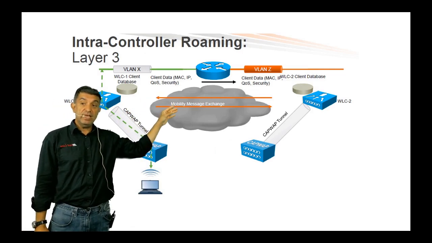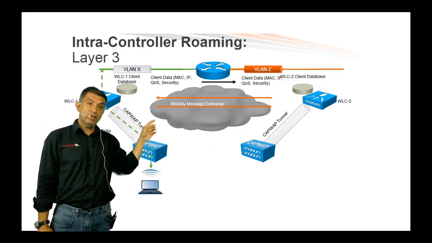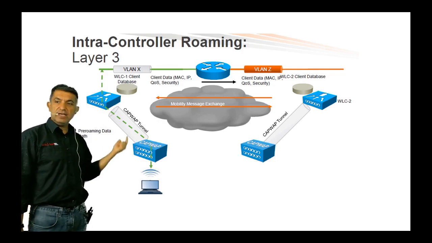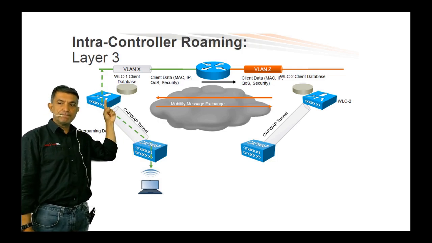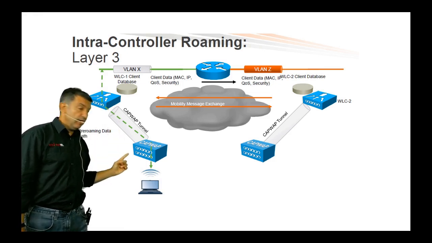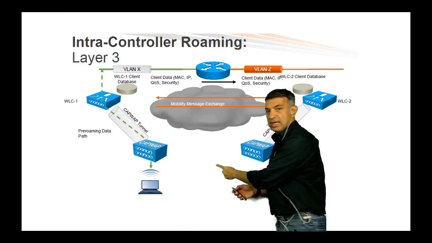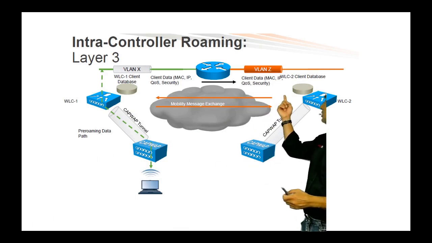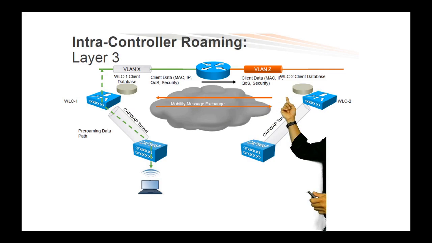This is layer 3. Layer 3 works differently. Why? Because when the client is connected to the first controller, which is called the anchor controller, or the first step controller, and moves to the next AP and attempts to connect to the new controller, saying hello, I want to be connected, the new controller will not register the client as we saw in layer 2.